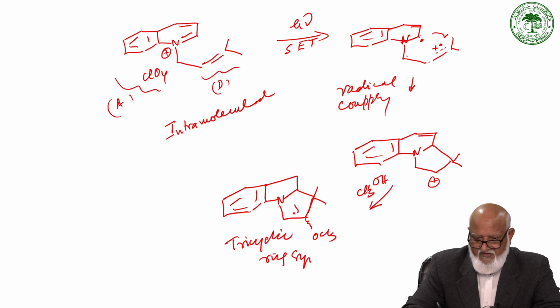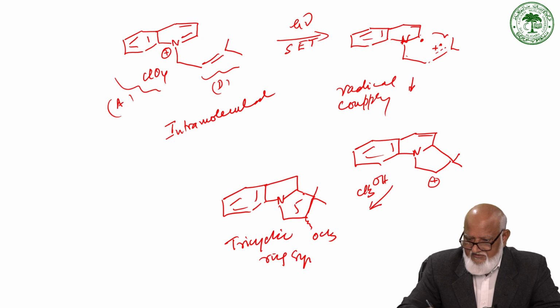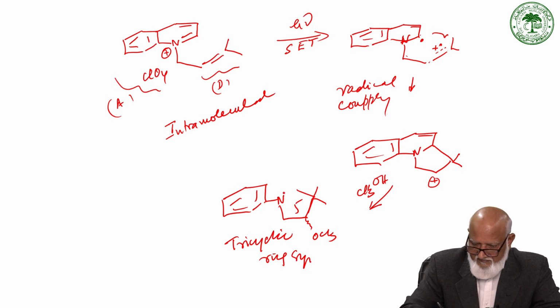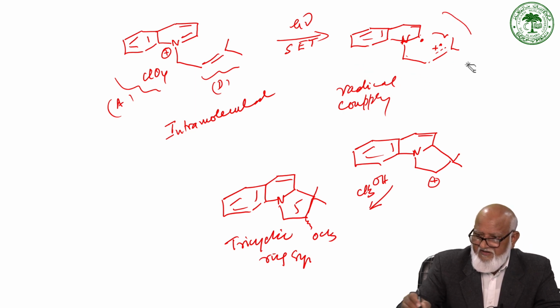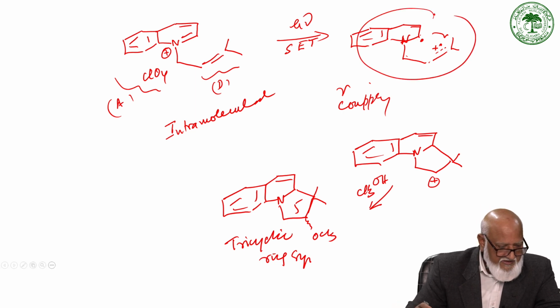The five member ring is, of course, a 6 member, sorry, 6 member ring. So this is really a very interesting reaction, and there is a possibility of not only this coupling giving the cyclized product, the other cleavage products have also been reported.